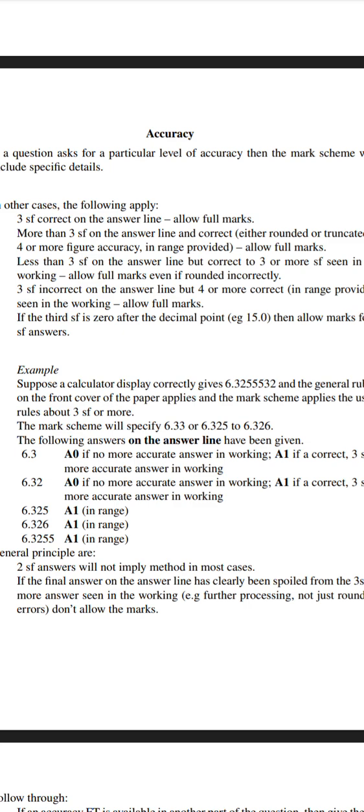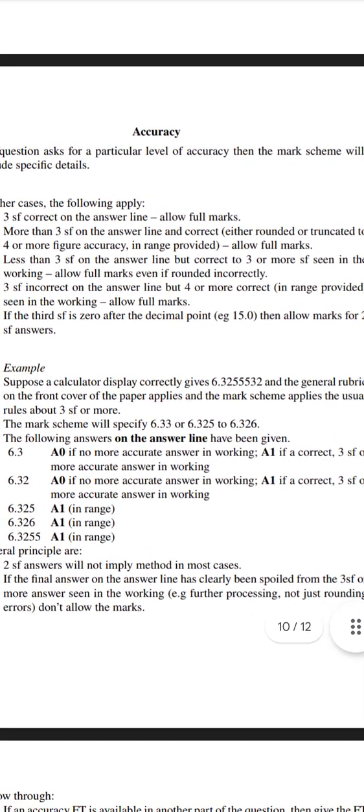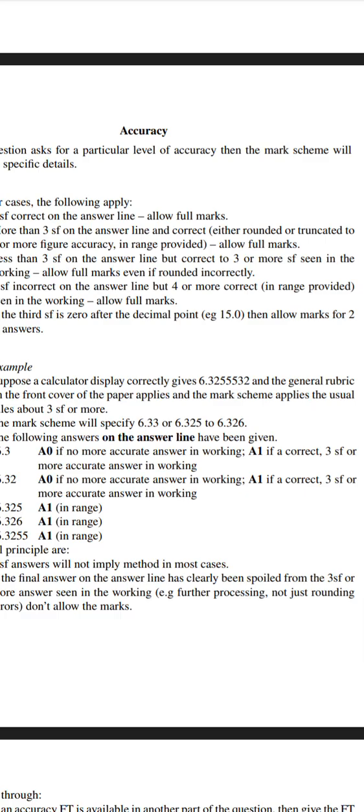So here's an example. Suppose the calculator display correctly gives 6.32555532 and a general rubric on the front cover of the paper applies.